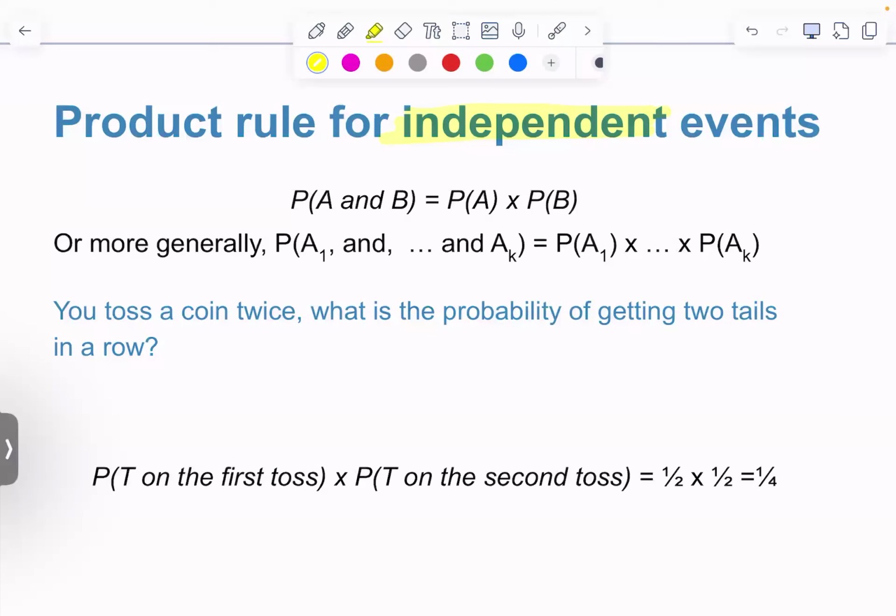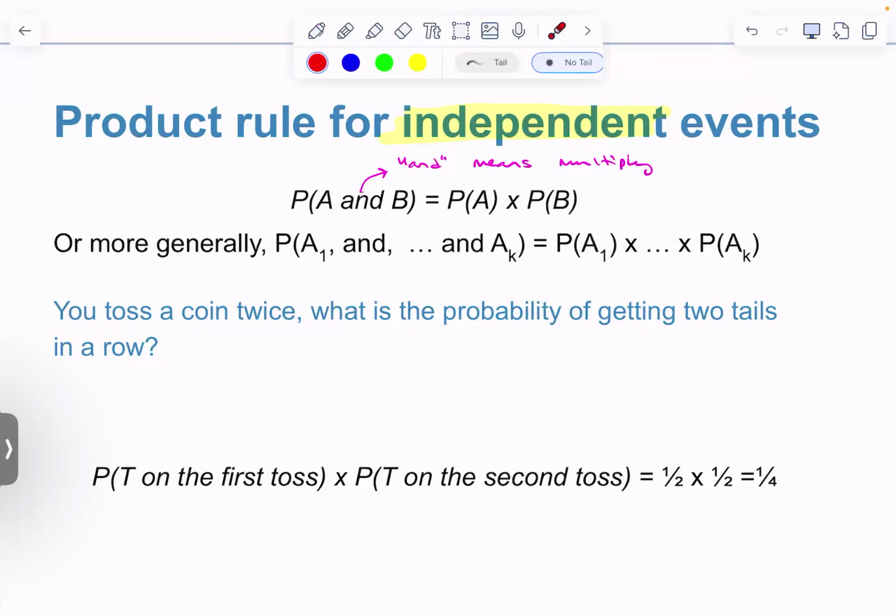If you want to find the probability of A and B, you can multiply them, assuming that you have independent events. So whenever you see the word and, it means multiply. Whenever you catch yourself saying and, you're going to multiply these probabilities.